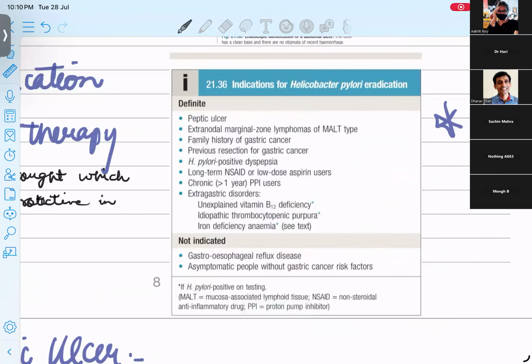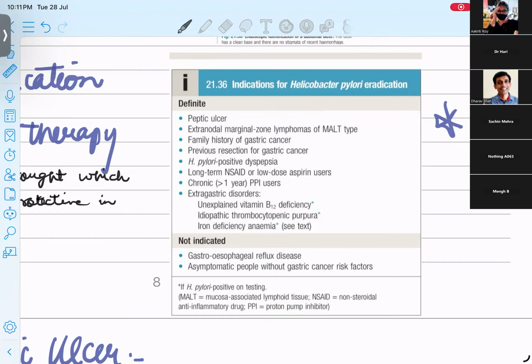pylori eradication. So, all the factors: the patient has peptic ulcers, extranodal marginal zone lymphomas, MALT lymphomas, there is family history of gastric cancer, there has already been diagnosed gastric cancer and resection of gastric mucosa, H. pylori positive dyspepsia, long-term NSAIDs use, chronic PPI users, or extra gastric disorders like unexplained vitamin B12 deficiency or iron deficiency anemia.